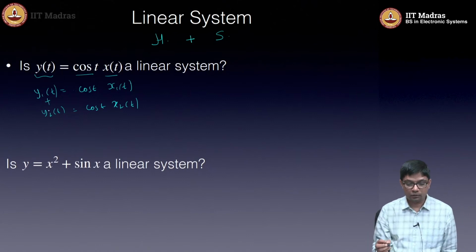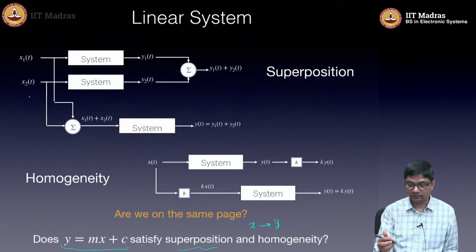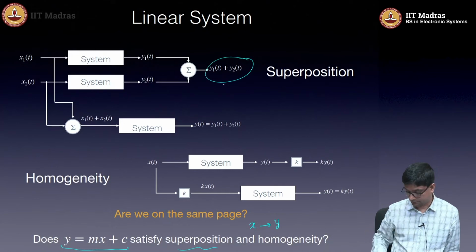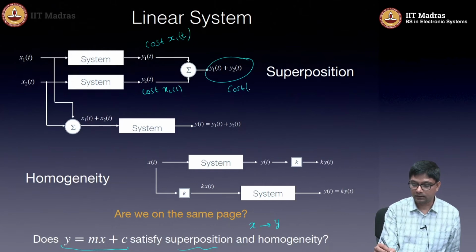This is my output, y1 plus y2. So this is cos t x1 of t, this is cos t x2 of t, and I sum them, I get cos t times x1 of t plus x2 of t.